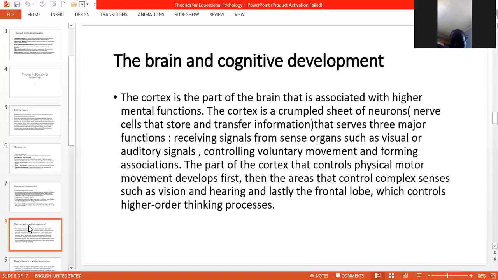So there is the cortex in the brain, a sheet of neurons that store and transfer information.